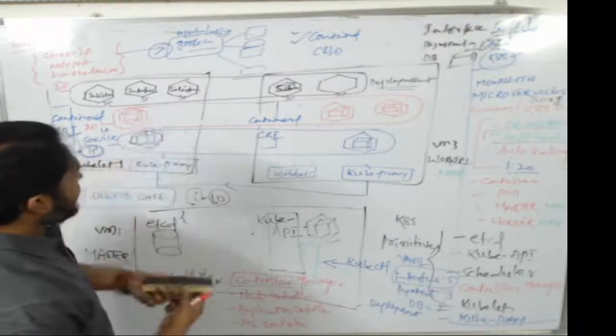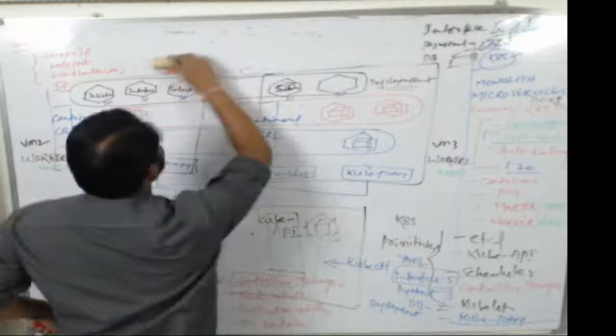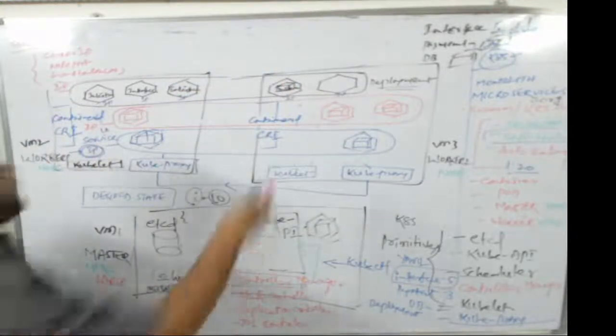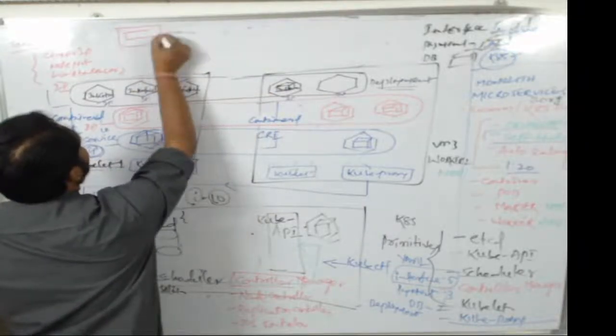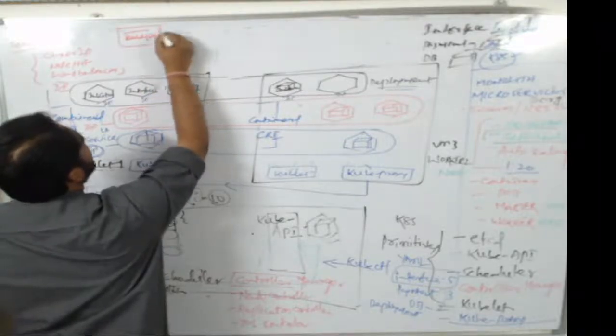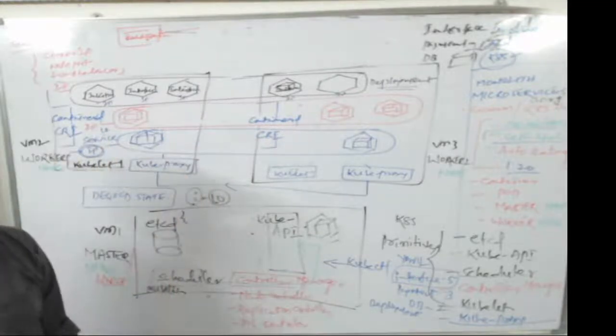Now in this case, the end users want to reach the interface. Let's say you are the user, sitting here with a laptop, and you say Amazon.in. It hits a load balancer, it lands here.